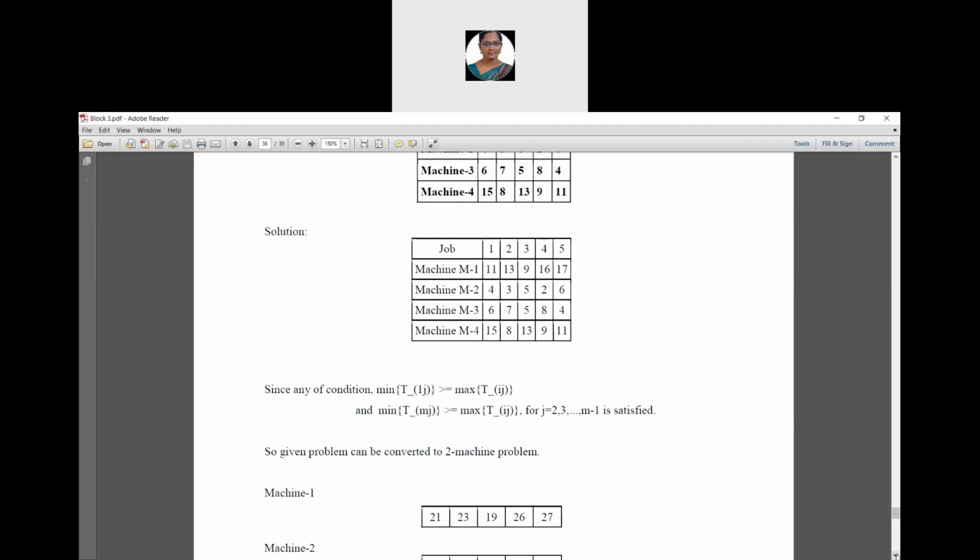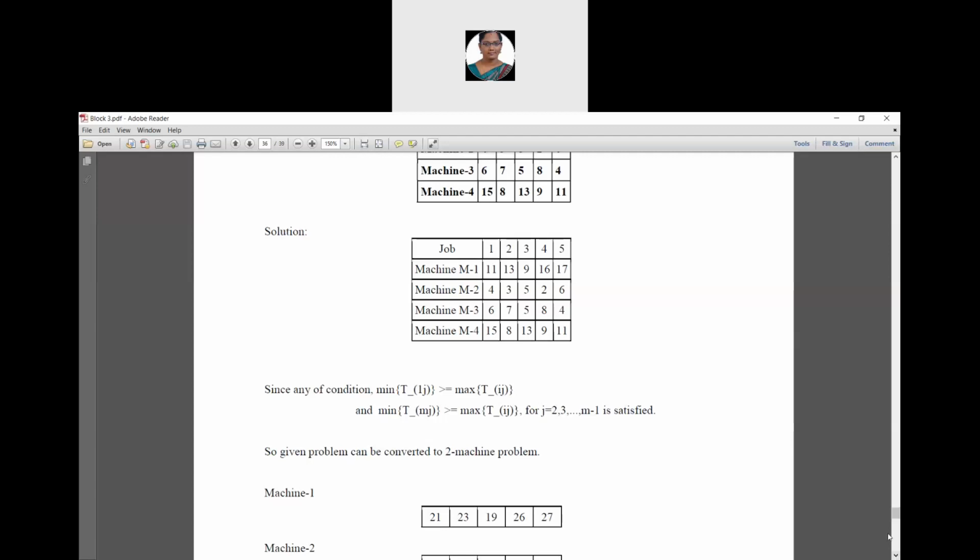Any one of these conditions must hold: the minimum of the first machine is greater than or equal to the maximum of the last machine, or the minimum of the second machine or third machine is greater than or equal to the maximum of the last machine. So here it is satisfied. So the given four machine problem can be converted to a two machine problem.